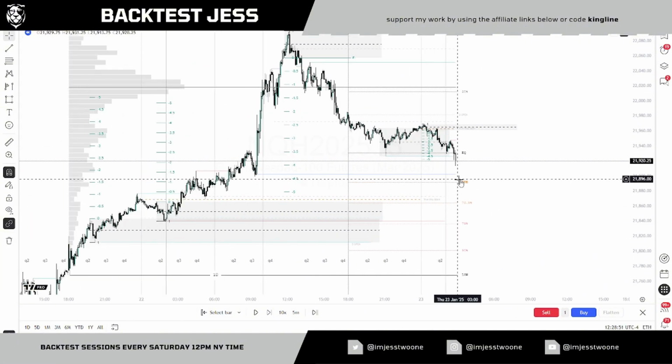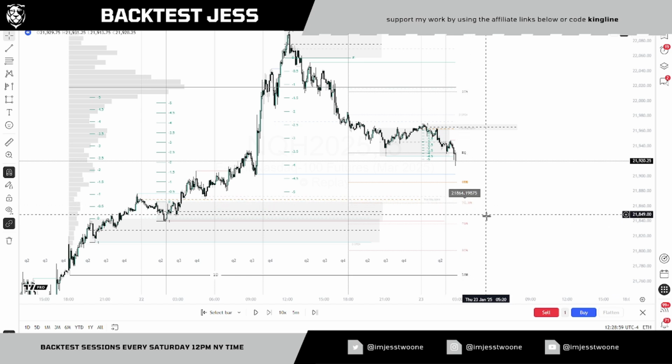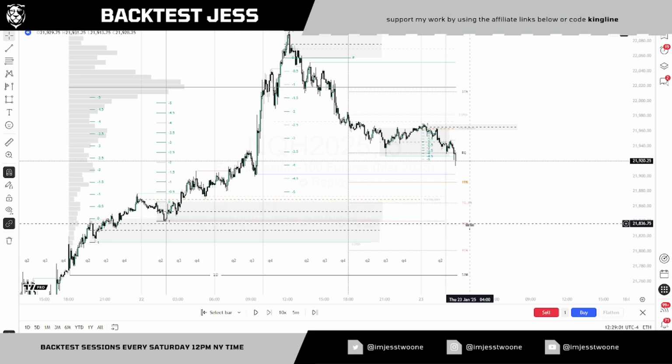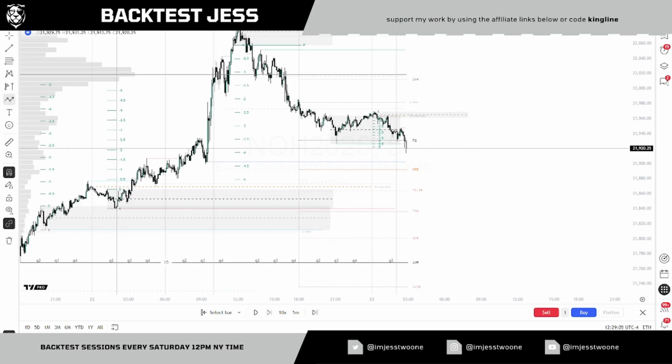But in this overall context, we have OTE midnight aligning with 70.5, and we have London low aligning with 0.79. So anywhere in this zone, what would be drawn on Adrian's chart would look something like this.